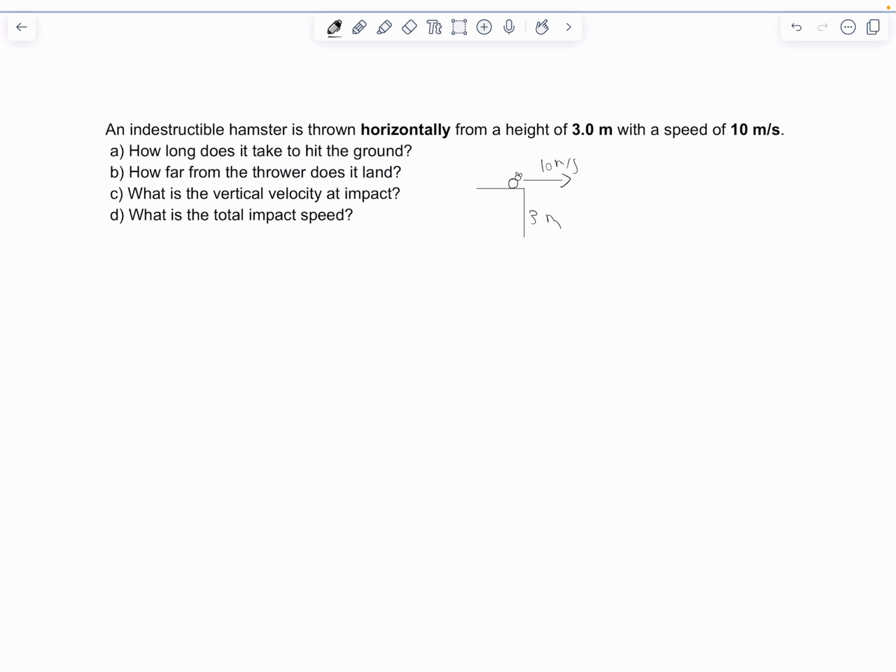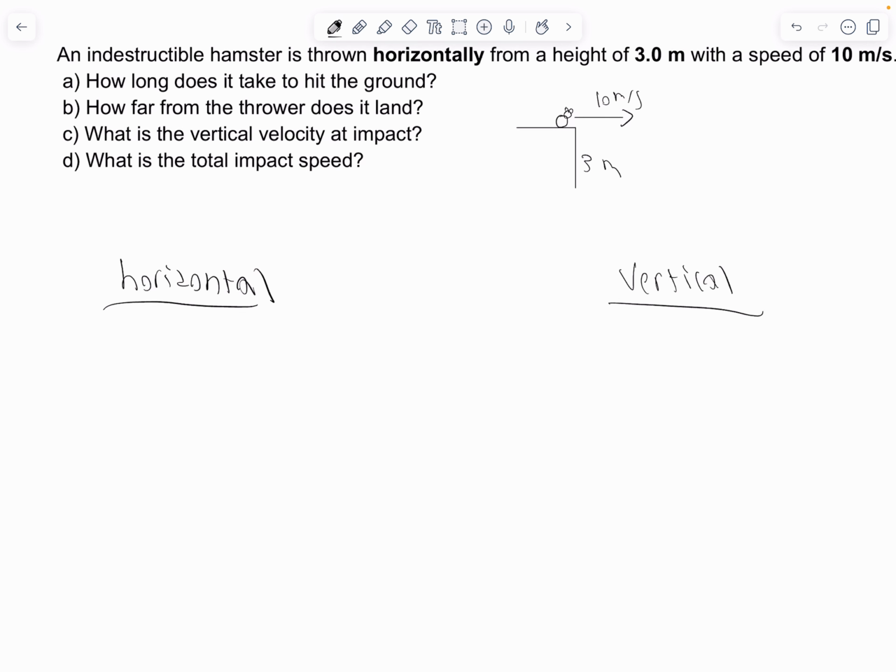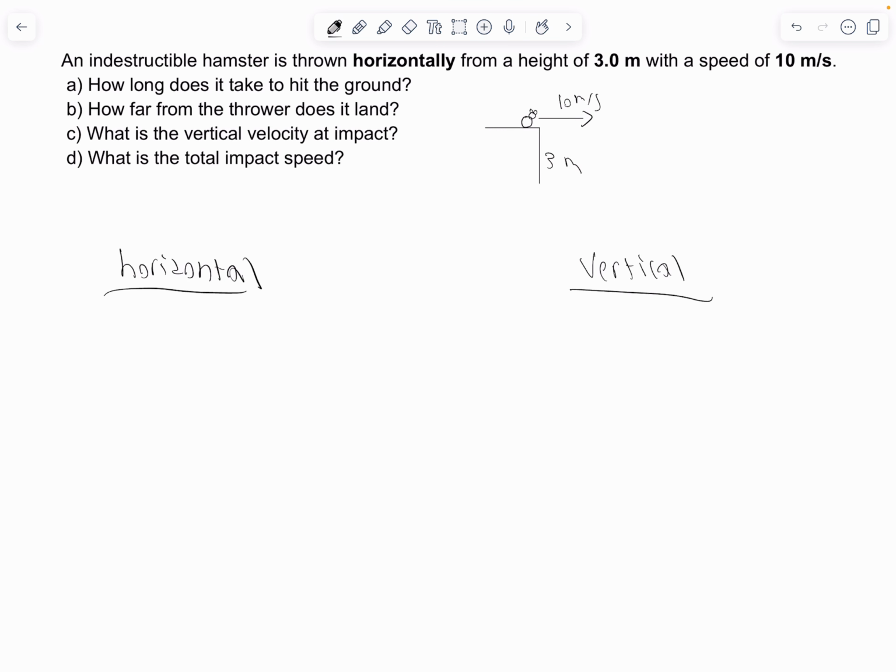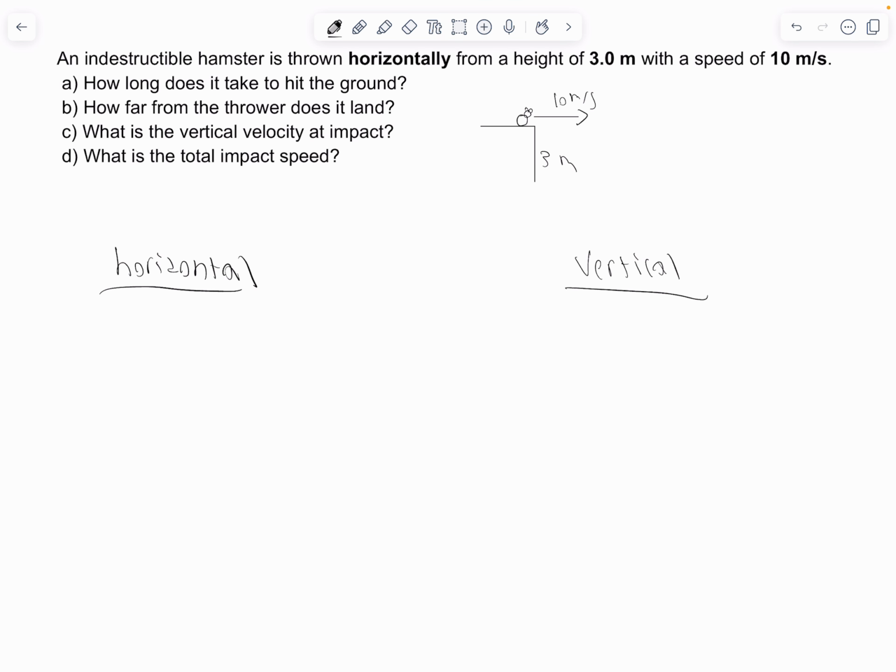So the first thing I'm going to do is separate my vertical components from my horizontal components. Okay, and we are going to try and solve for A first, which says how long does it take for the hamster to hit the ground. So let's see what we're already given.